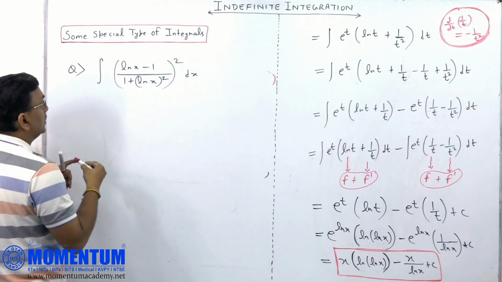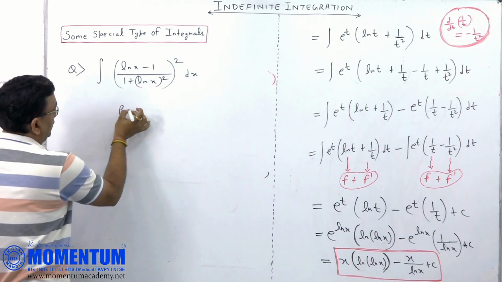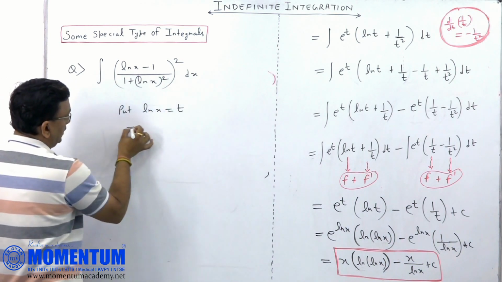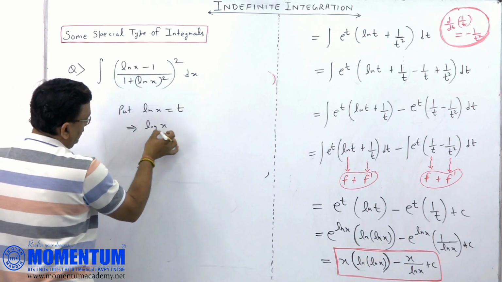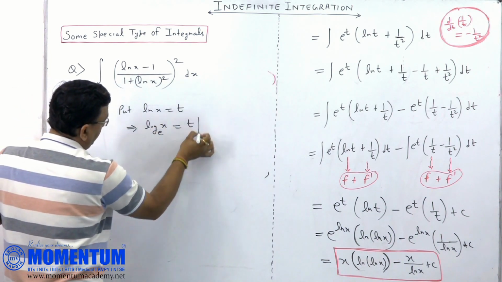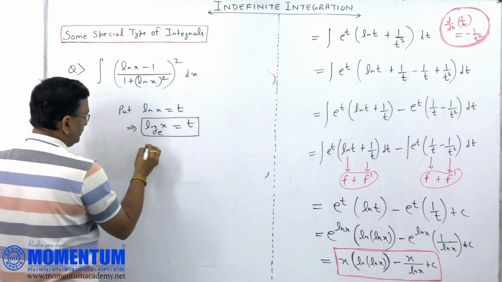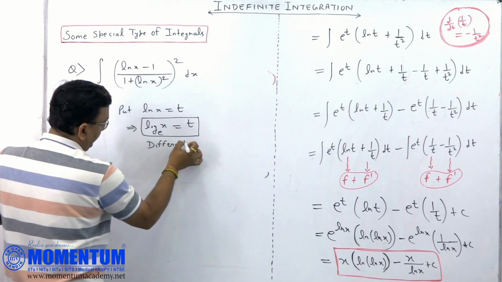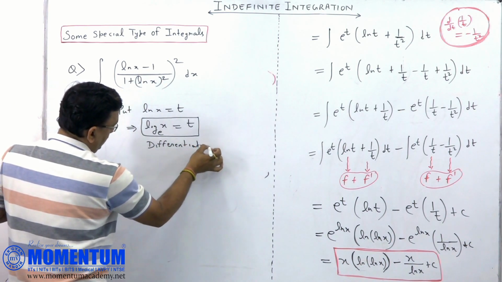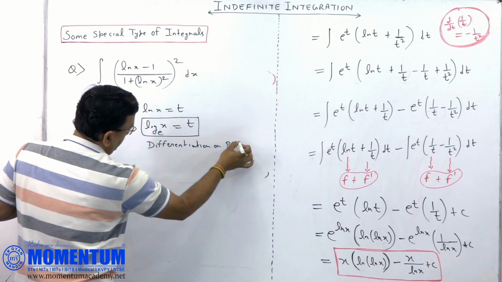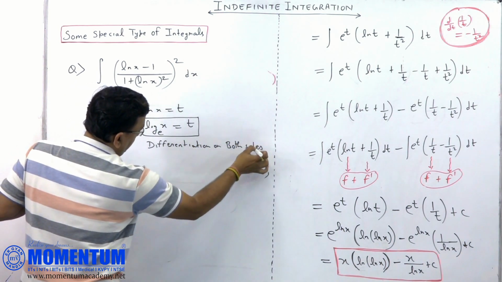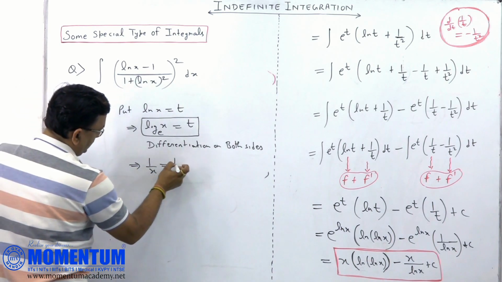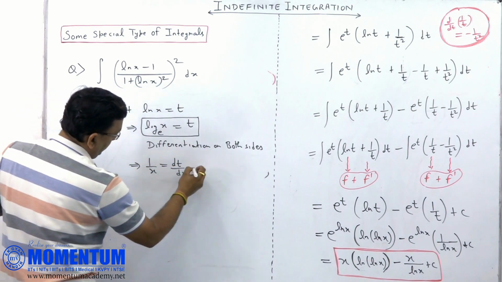So we will start with the substitution ln x equal to t. ln x equal to t means log x is equal to t. Now differentiation on both sides. So 1 upon x is equal to dt by dx.